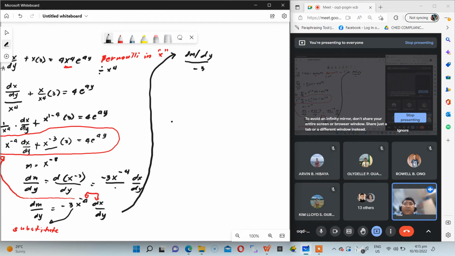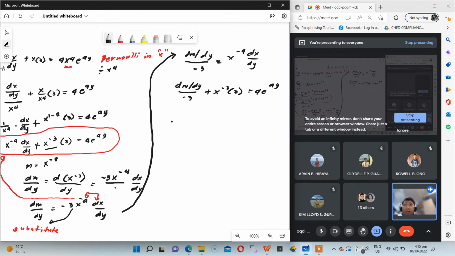So negative 3 equals x raised to the power of negative 4 dx over dy. So substitute na nato. So this one is just equivalent to dm over dy over negative 3. Then copy all of it. X raised to the power of negative 3 multiplied by 3 equals 4e raised to the power of 9y.